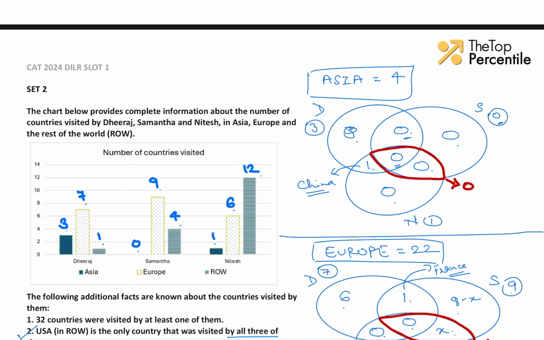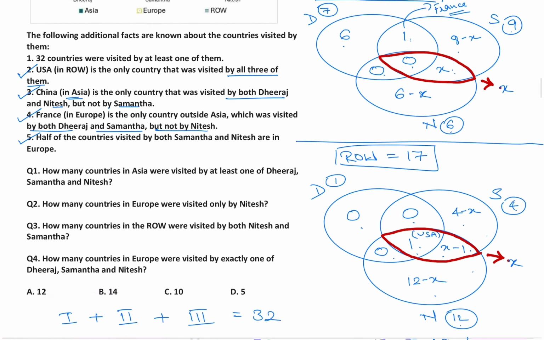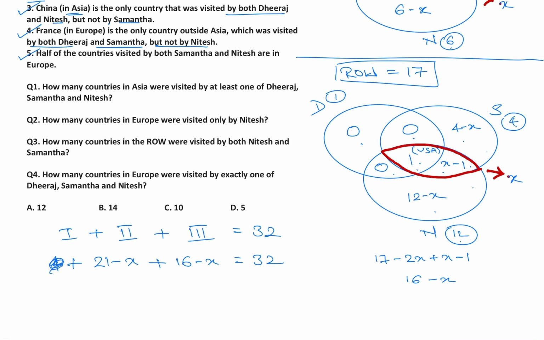Okay, so we have made a mistake here. If you can see that Dheeraj travels to 3 countries in total, I have already written 1 here, so this will be 2. Okay, so 2 plus 1 will be 3, and here this will be 3.